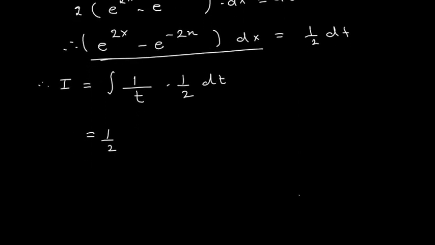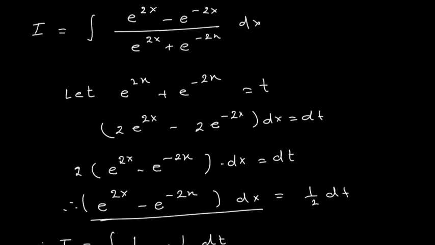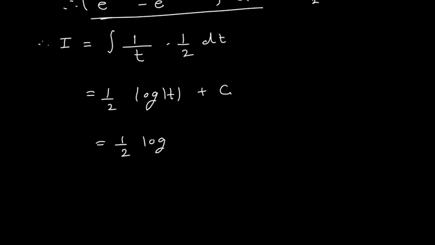Here it is the integration of 1 upon t, which is log t plus c. So I will say this is 1 upon 2 log of, now what we have taken as t, it is e power 2x plus e power minus 2x, plus c. So this is our answer.